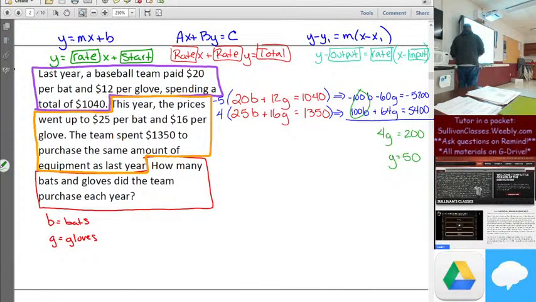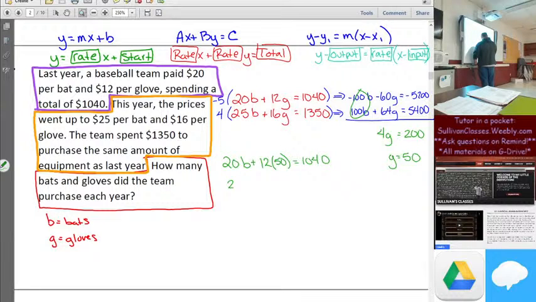It asked how many gloves and bats I need to finish it off. So if I know that G is 50, I'm going to come back to either one of these, and it doesn't matter, and solve for B. So what's that? 2 is 100, 600.